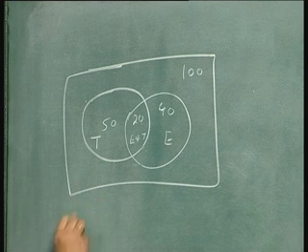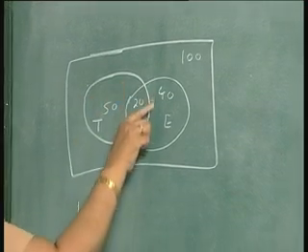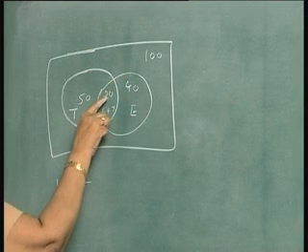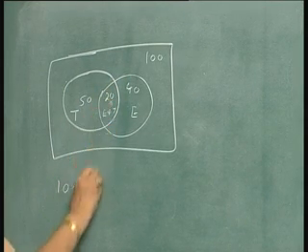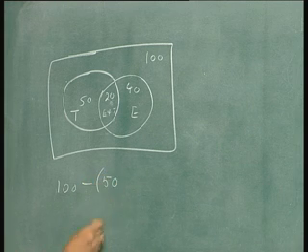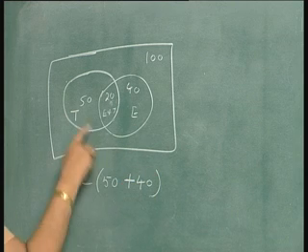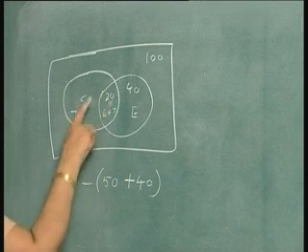That you get like this: 100 minus 50 plus 40, but this 20 you have counted twice, so you have to again add that 20. So, from 100 you subtract 50 plus 40, but while doing that you have subtracted this 20 twice because this is the intersection.